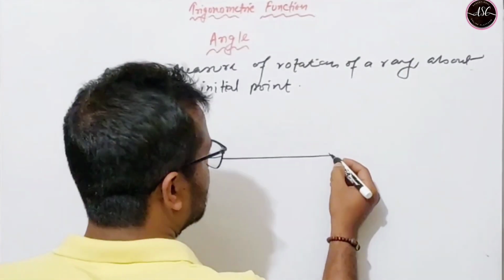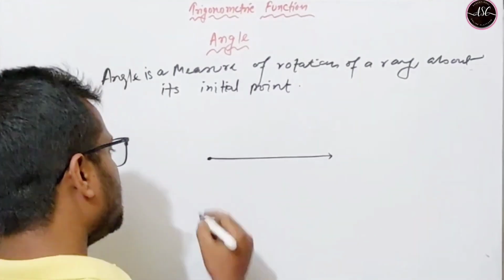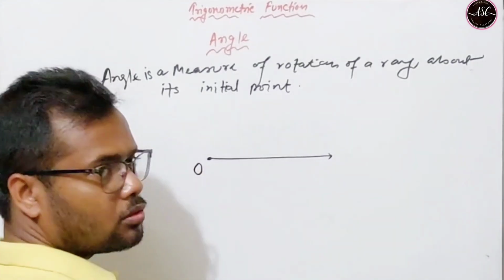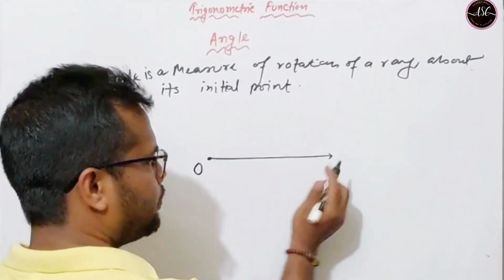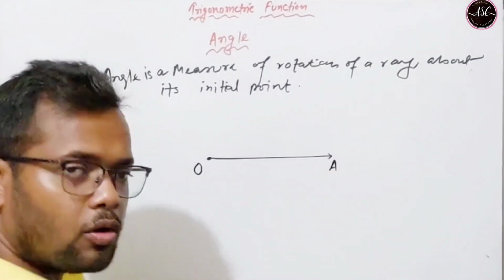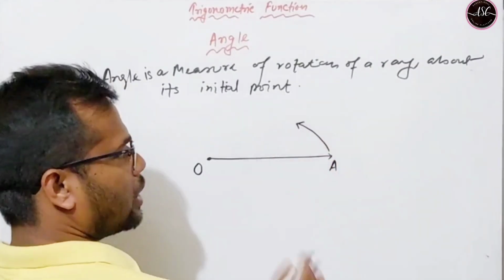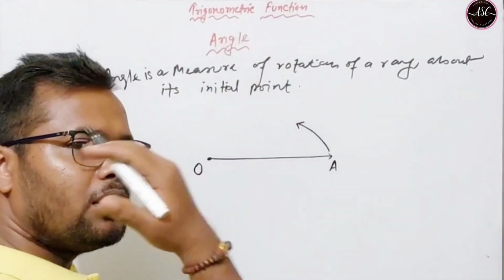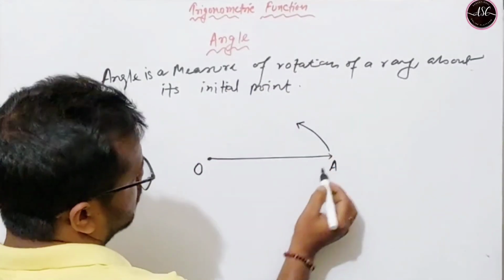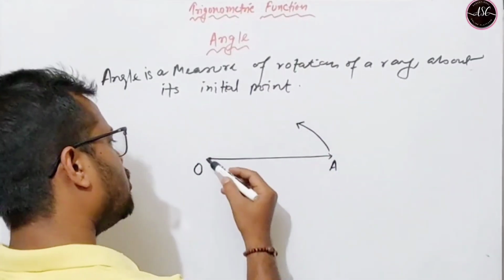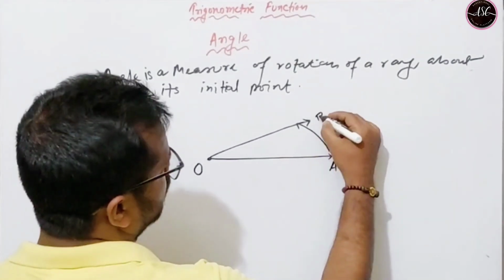That means, suppose this is a ray. The initial point is O. Let this ray, namely OA, rotate anti-clockwise. That means this type, and this type means clockwise. So this rotates anti-clockwise, and the final position of this ray is OB.